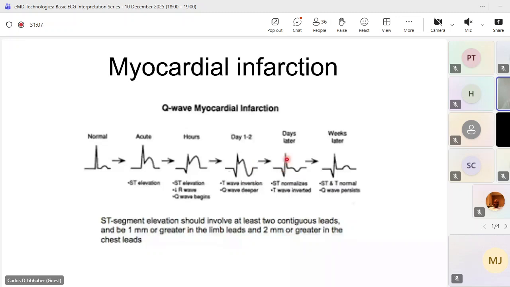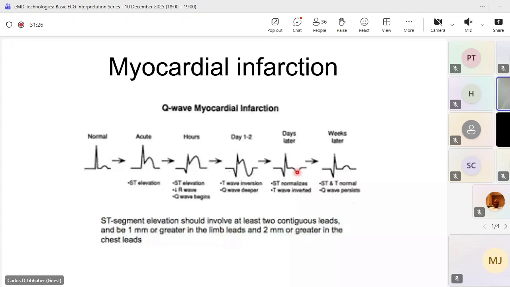Days later, I have this already, Q, with less R than what we had at the beginning, and an inverted T. The T can go back to normal or can stay inverted.